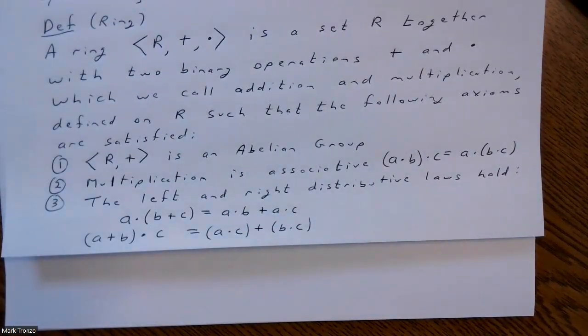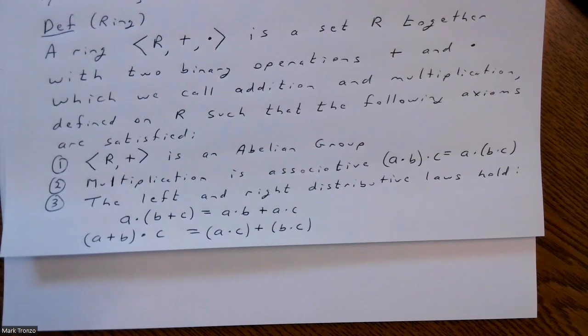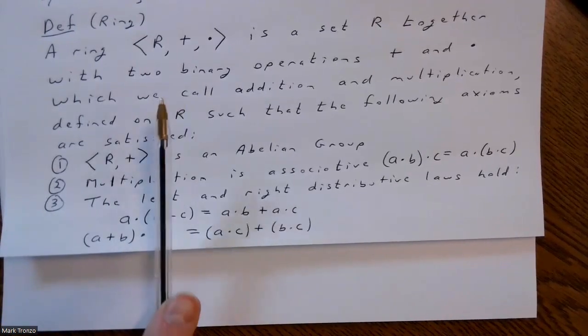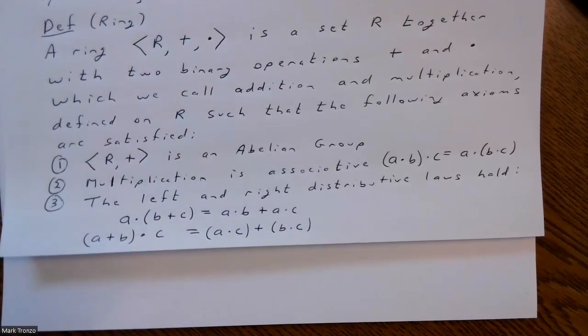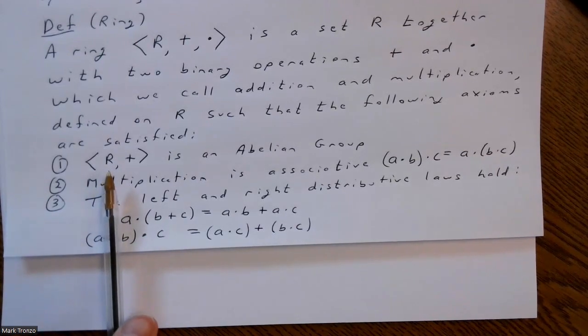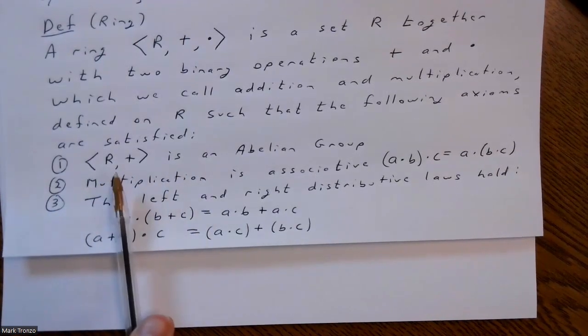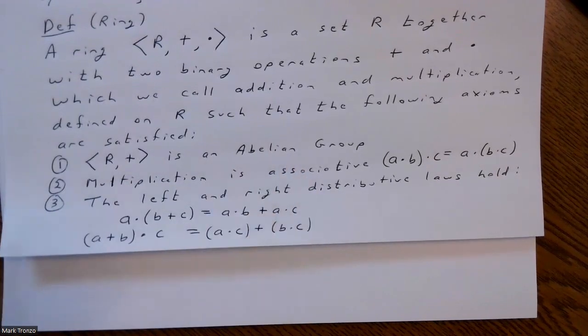So again, a ring has two binary operations, call them addition and multiplication. Under addition, this set forms an abelian group. Multiplication is associative, and the left and right distributive laws hold.